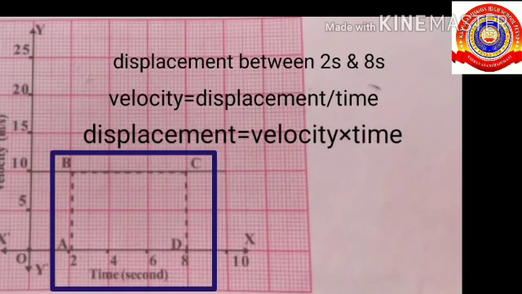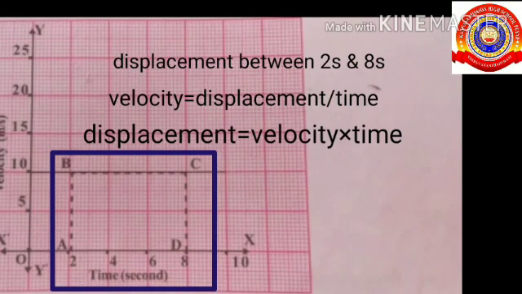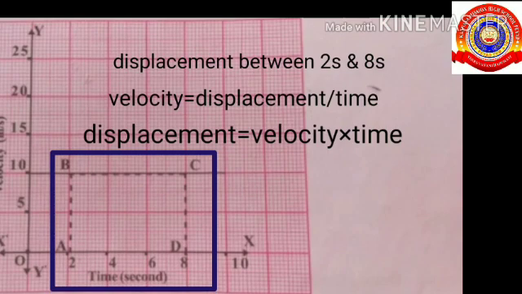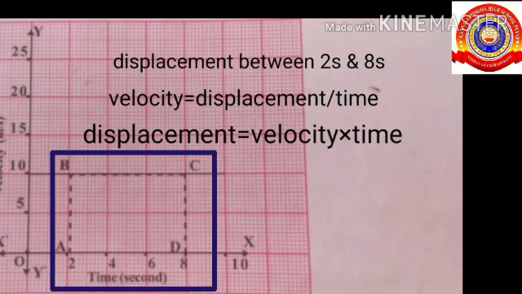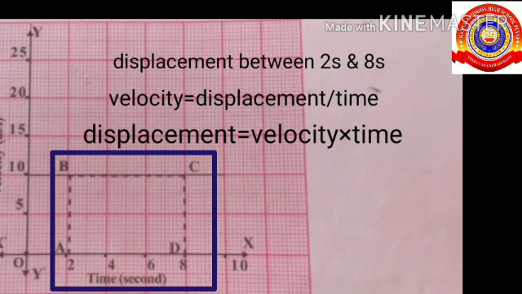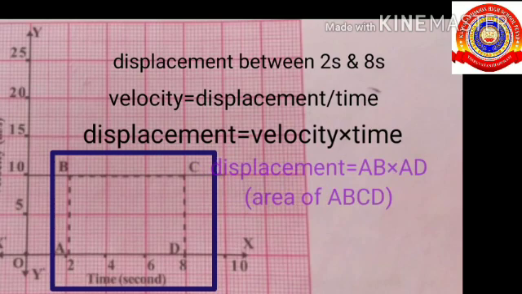We know that velocity equals displacement by time. Therefore, displacement equals velocity into time. In the graph, it is equal to AB and AD. That is, displacement is equal to AB into AD, which is the area of ABCD, as you can see in the figure.